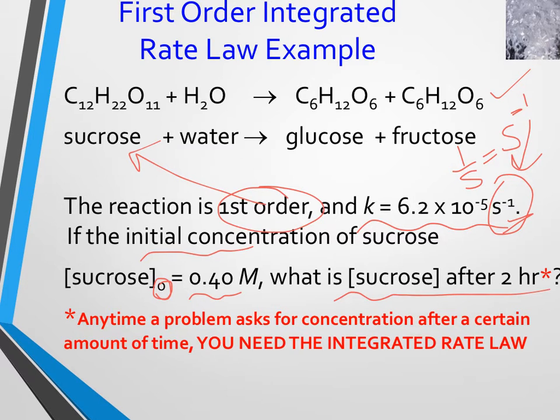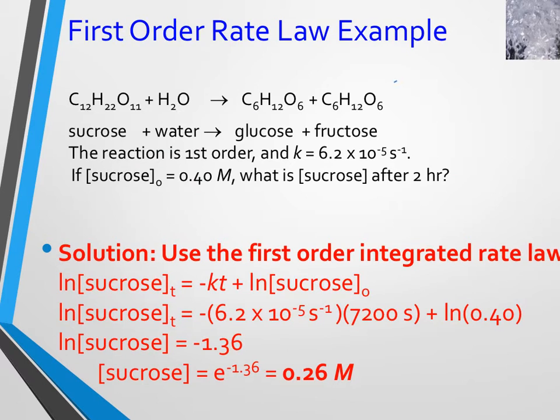This is a typical integrated rate law problem. I point out to you right now, if you ever see a problem that asks you about time, it's an integrated rate law you need. Remember, time does not show up in the differential rate laws. So let's look at how we would work that. This is just repeating the problem so you have it in front of you. They told you it was first order.